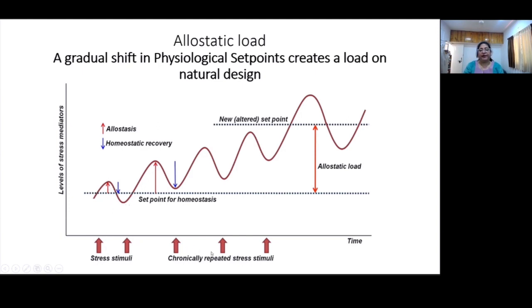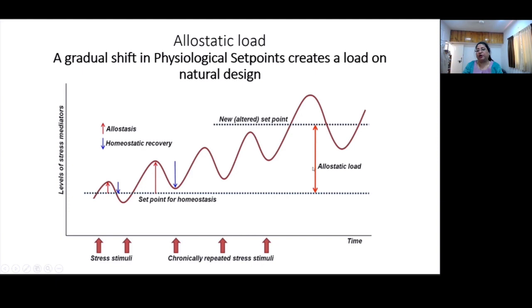When we repeatedly give a stressful stimulus, you can see the allostatic response goes on increasing and the homeostatic recovery is incomplete. And then you can see that the physiological set point with which we are born shifts to a new set point level.